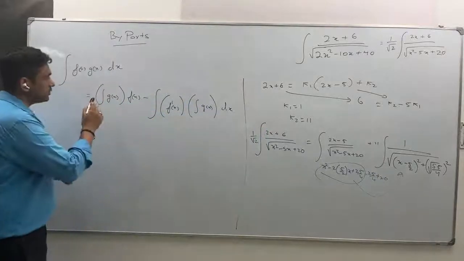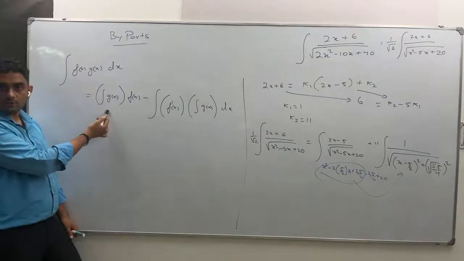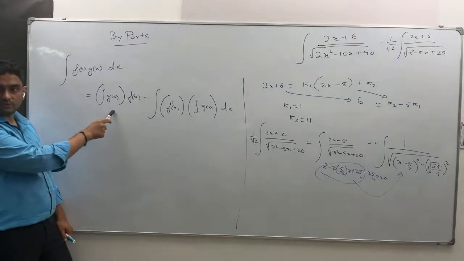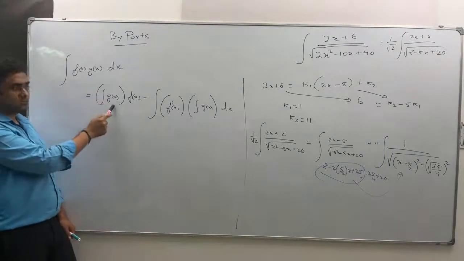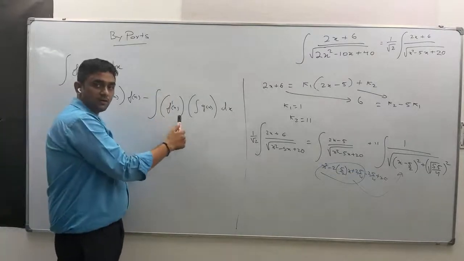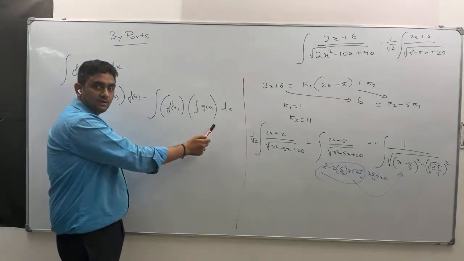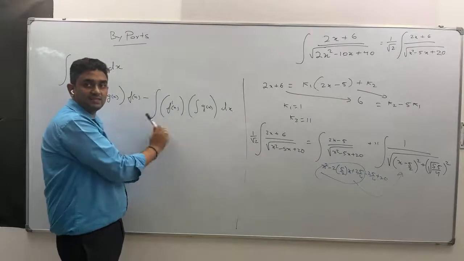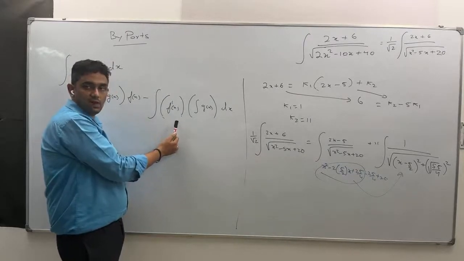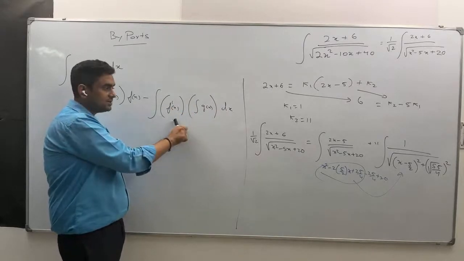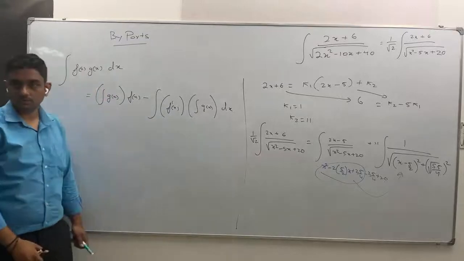So first, what you're doing, you are integrating g(x) always. Look carefully, this is a very important part. First integrate g(x), put f(x) as it is. Then whole integral of f dash x and integral of g(x). So we are integrating g(x) and we are differentiating f(x). Later on we'll do the whole integral, but for the time being we are differentiating f(x), integrating g(x).